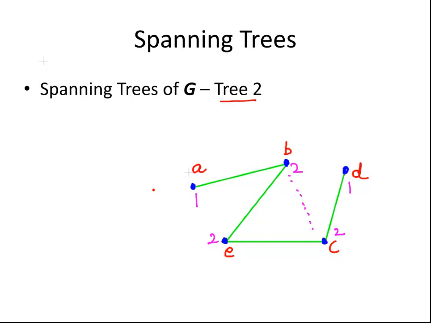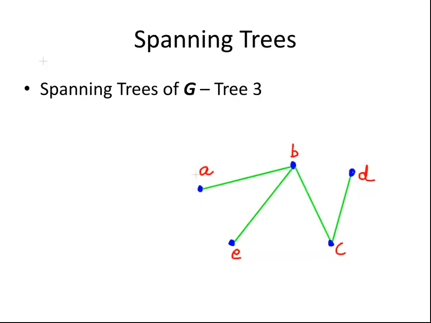And finally, let's look at tree 3. What we've done here is we removed the edge from C to E. And again, let's look at the degree sequence here. 1, 3, 1, 2, and 1. Now, we can't remove any more edges, so we've got all of the spanning trees of G: tree 1, tree 2, and tree 3.